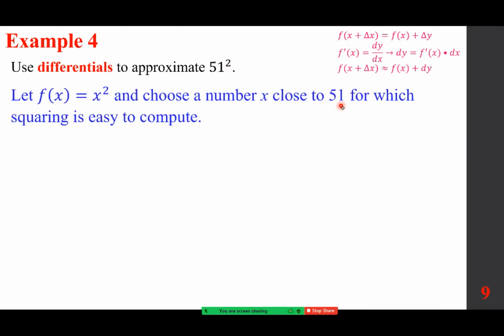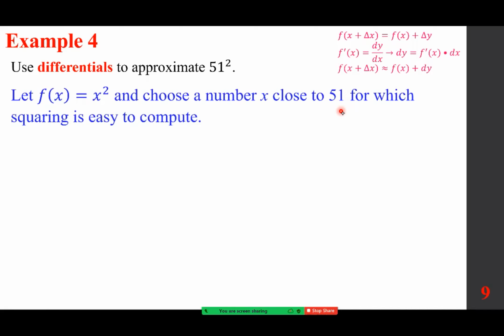What number would that be? What is the closest number to 51 you can think of? You can square it in no time. What about 50? Because when you square it, it becomes 2,500. The closest number to 51 would be 50.